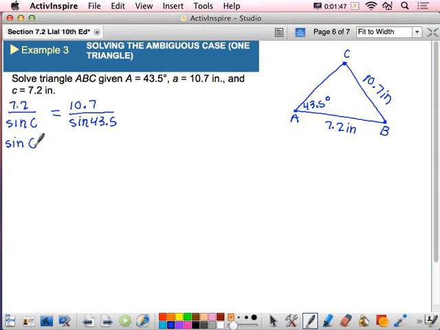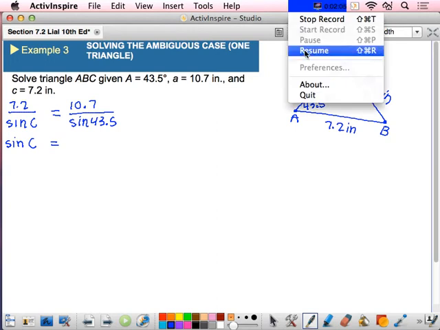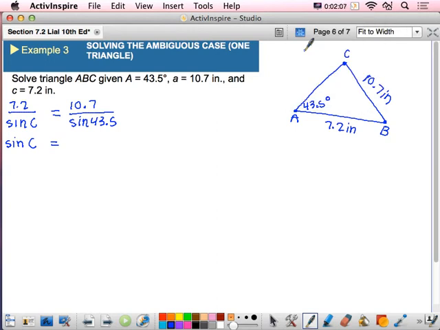Sine of capital C must equal 7.2 times sine of 43.5 divided by 10.7. So if you work that ratio out, what is sine of C? It looks like sine of capital C has to equal 0.4631918664.